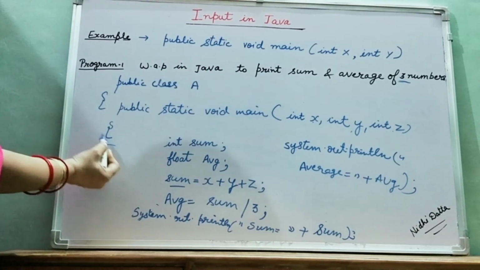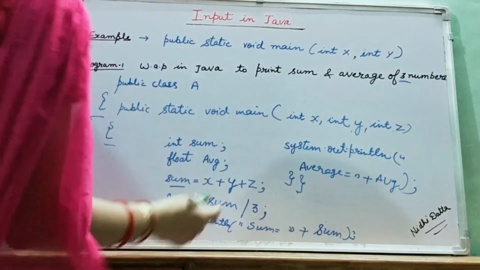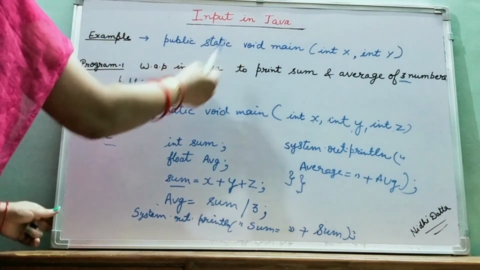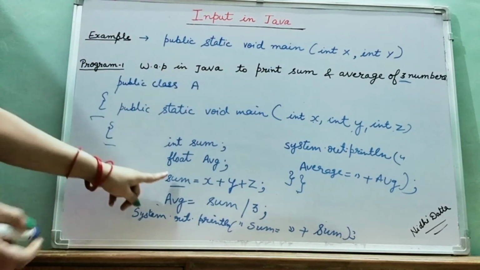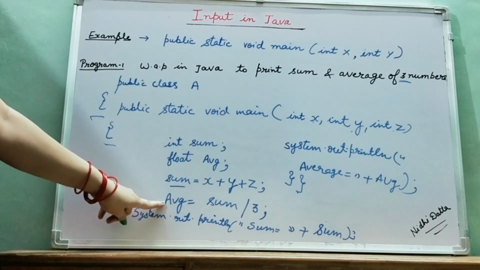Then close the brackets of the main function and the class. After this processing, we get the output of this program: the sum of three numbers stored in the sum variable and the average of three numbers stored in the average variable.